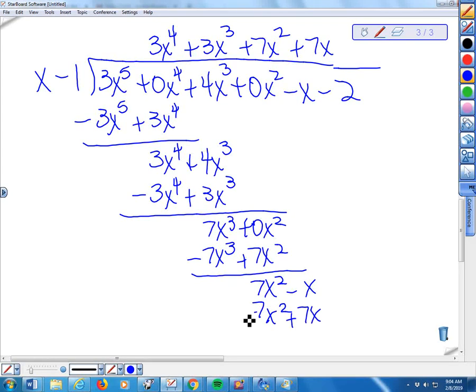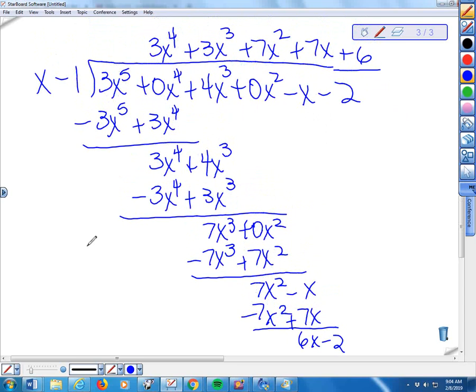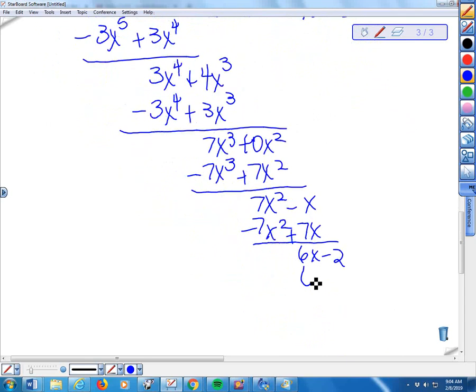Change my signs and add. X times what is 6x? 6. And that becomes 6x minus 6. Change my signs. My remainder is 4.